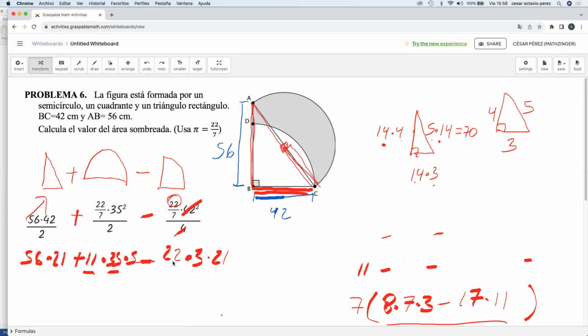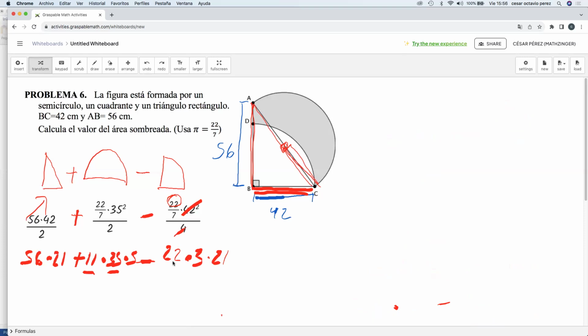So we only need to do the math. Solo necesitamos hacer la cuenta. Let me write this.